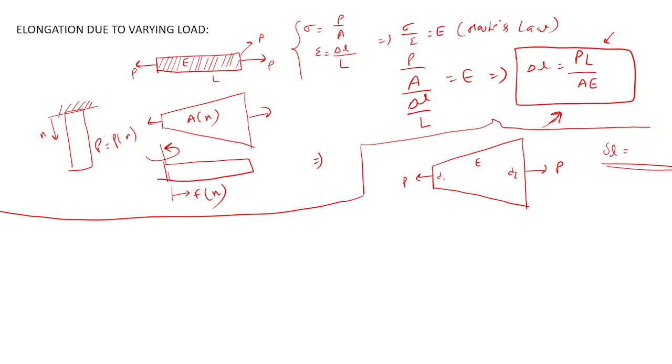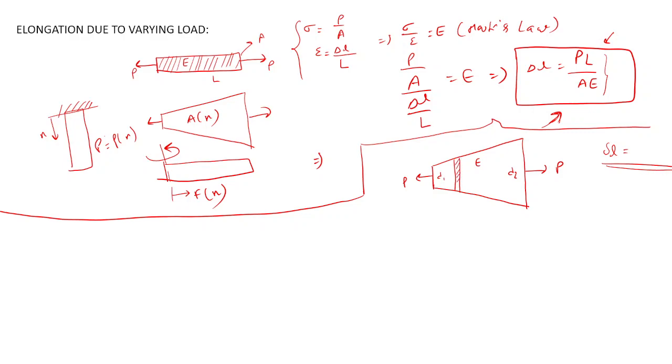Whenever anything is variable, like the load, the area, or the Young's modulus may vary with the length, then we have to go with the elemental formula. Anywhere some variation is there, we take the elements, right?